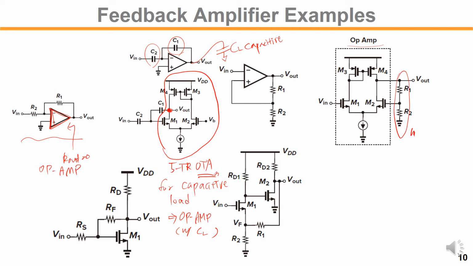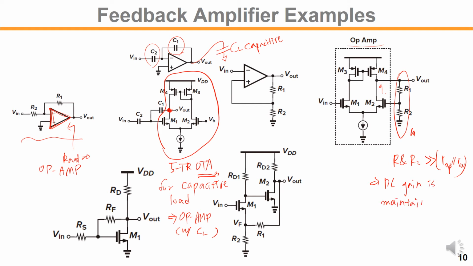In this case, still for R1 and R2, we assume that R1 and R2 are quite large, much greater than RO, right? The output impedance would be what? ROP in parallel with RON, so that the DC gain is maintained.